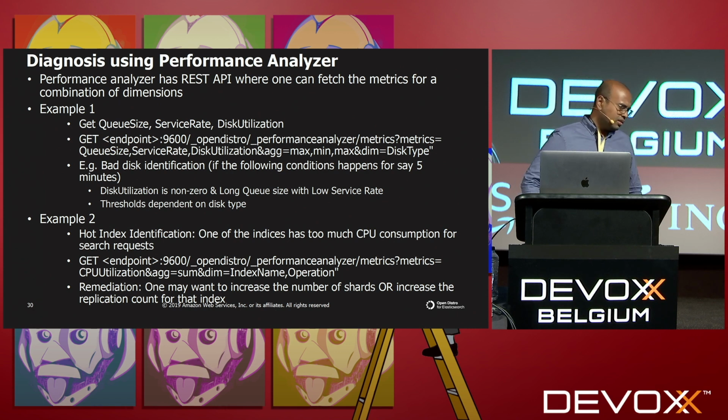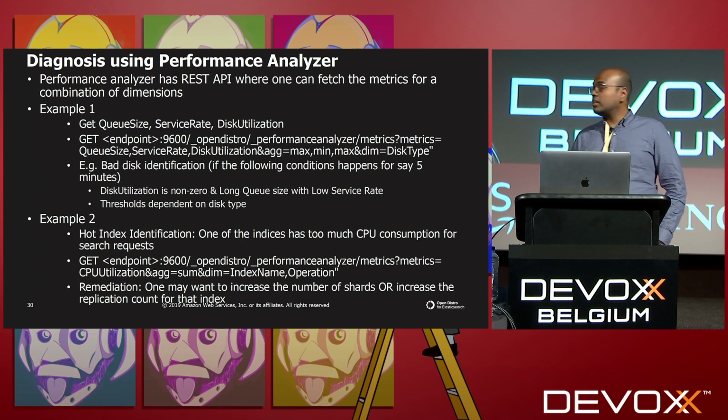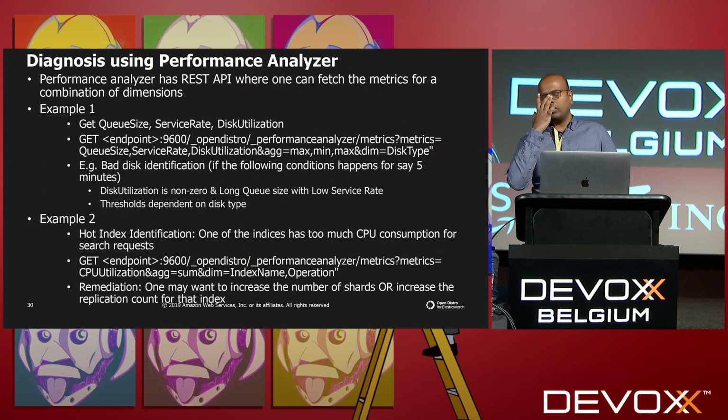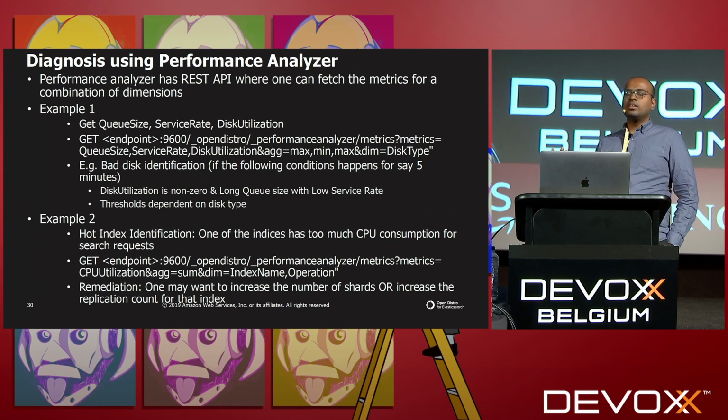Some of the typical things that we've used this for in the past. One thing is diagnosing disks that are not doing really well. They're doing okay, they're not dead, but they're not doing as well as other disks. How would you identify such a situation? In this case, we currently expose 3 different metrics to you: disk utilization, the queue size, and the service rate.